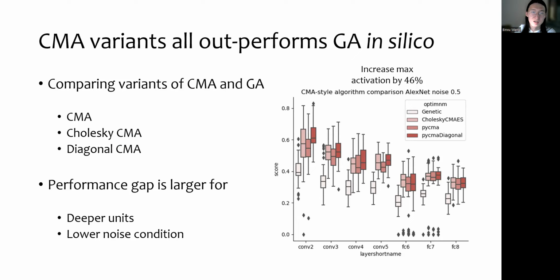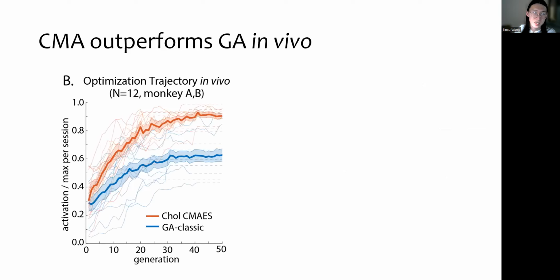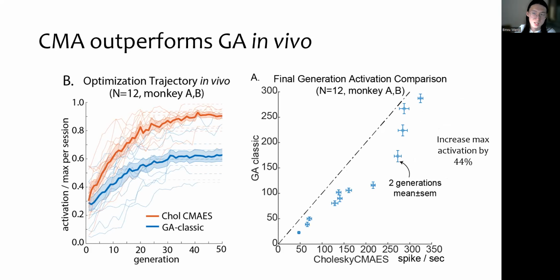Next step, we deployed CMA-ES, specifically the Cholesky CMA and genetic algorithms in vivo and see which one works better. And we find indeed, Cholesky CMA-ES works much better than genetic algorithm baseline. And it increased the max activation by 44%, comparable to the 46% in high noise condition in silico.